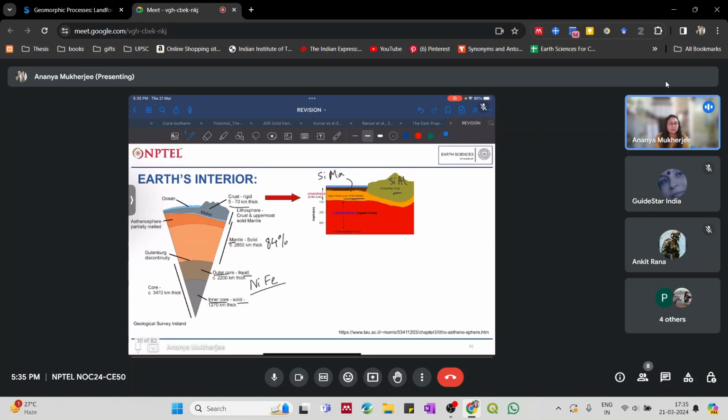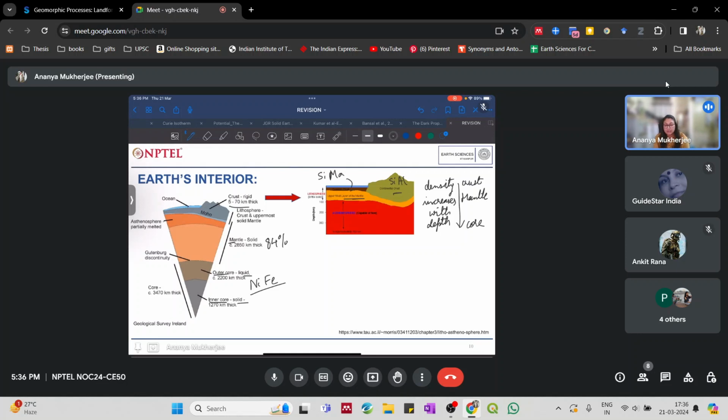So if you want to understand how the density changes with depth, density increases with depth. That means the crust has the lowest density among all the layers. Then you have the mantle, and then you have the core.